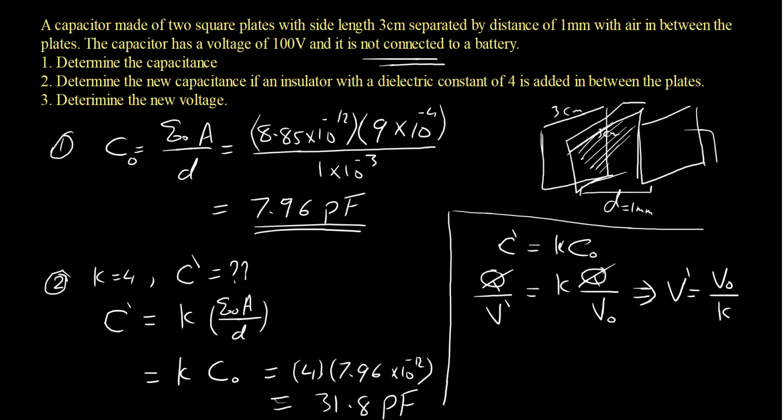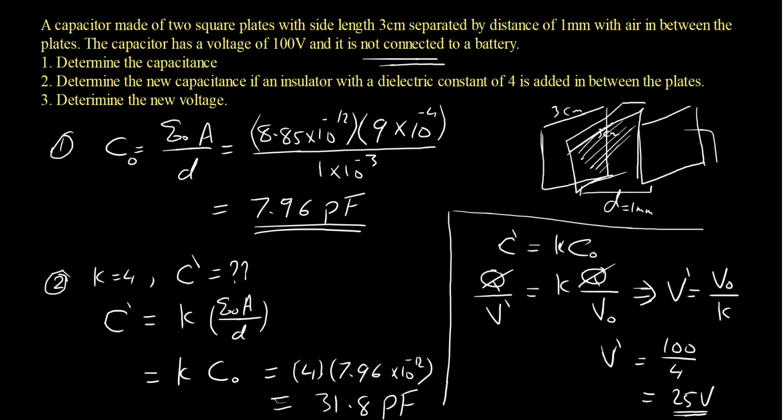From here I can solve how much is the new voltage of my capacitor. It is 100 over 4, and that will give me 25 volt. That's the new voltage of our capacitor after inserting the dielectric.